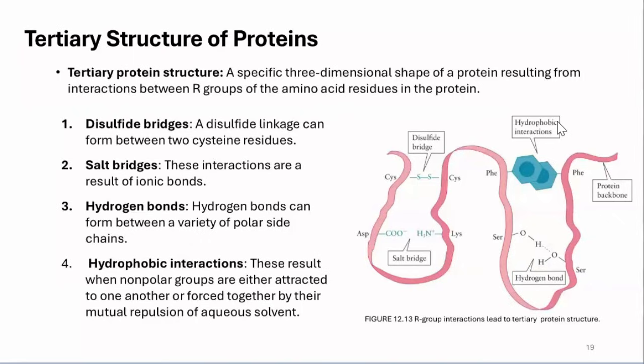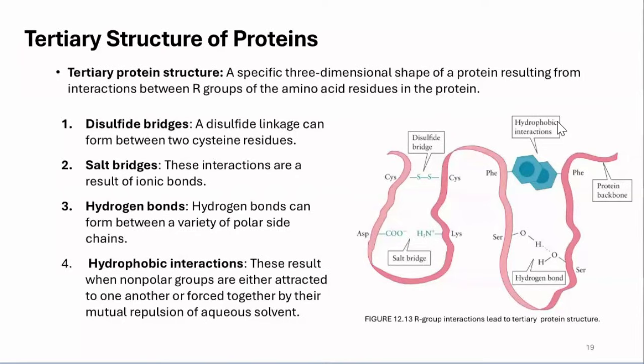Lastly, we can have hydrophobic interactions that can occur in the tertiary structure of a protein. Hydrophobic interactions result when nonpolar groups are either attracted to one another or forced together by their mutual repulsion to an aqueous solvent.